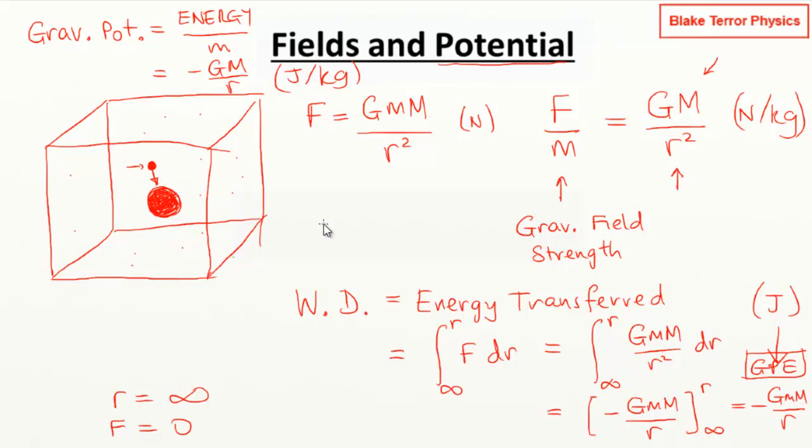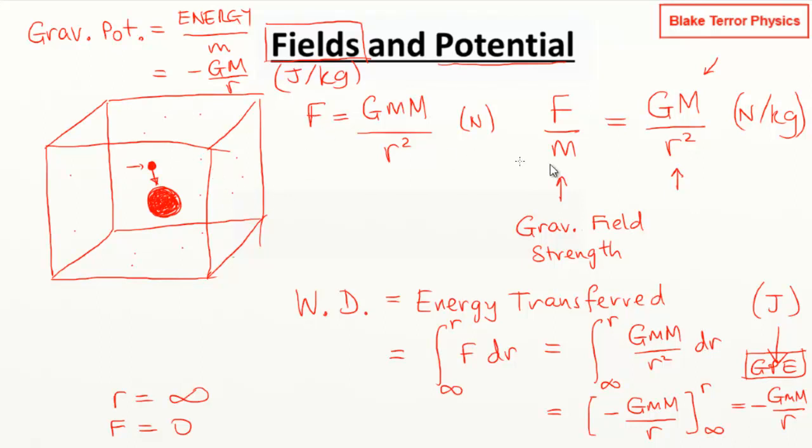Then when we place an object in it, we can take our gravitational potential, multiply it by the mass of the object we're placing in the field, and that gives us the gravitational potential energy. So there's a lot to take in there in terms of terminology, but hopefully it's clearing up what a field is. We've got vector fields and scalar fields, and that's just describing how some quantity changes in space.